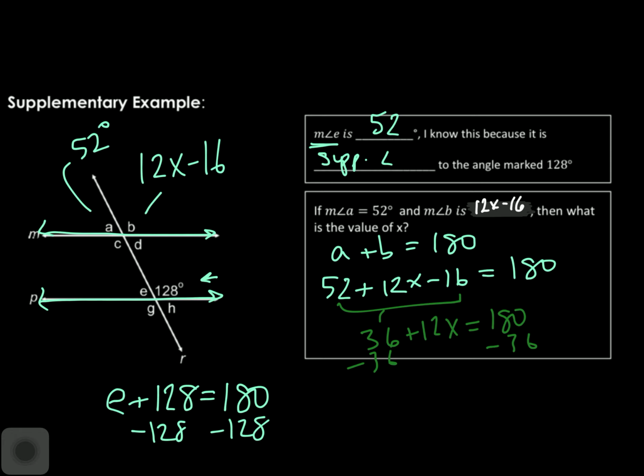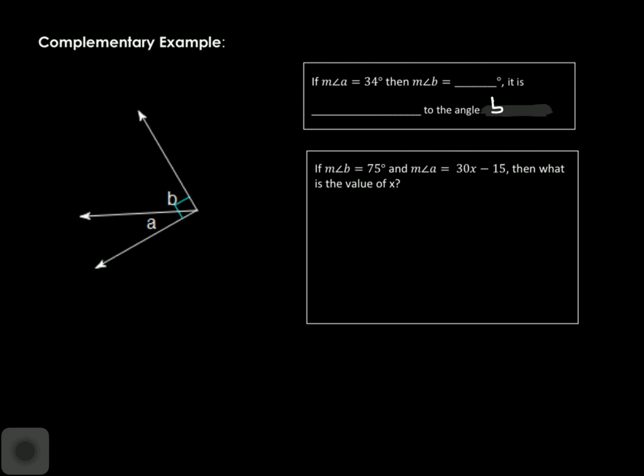So I'll combine my like terms. 52 minus 16 gets me a 36, plus 12x equals 180. Subtracting 36 from both sides is 144. Last thing I do is divide by 12 on both sides. So we get x equals 12.